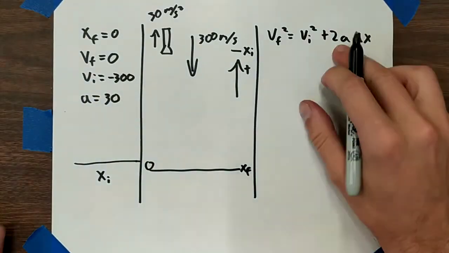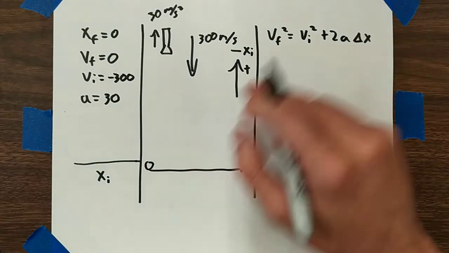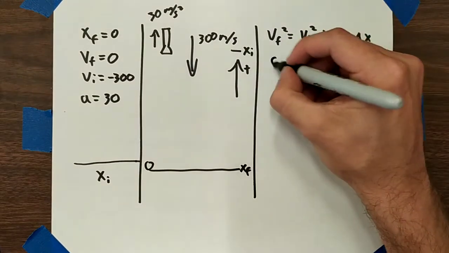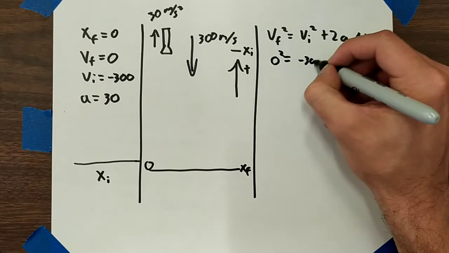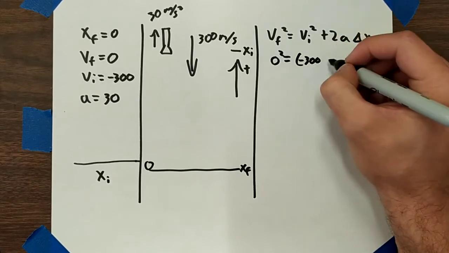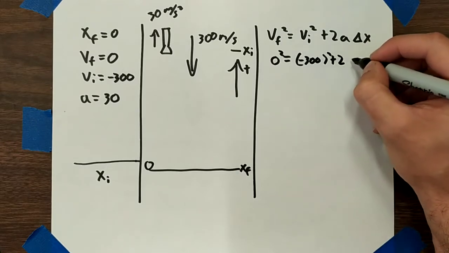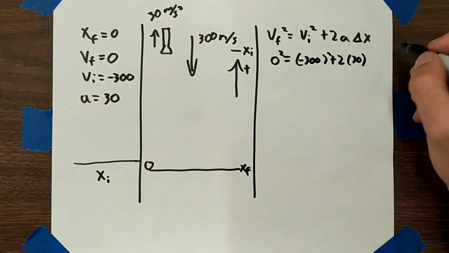At this point, I'm just going to rewrite this formula, substituting in the numbers I know for the variables. So v final, I'll put 0 squared is equal to v initial squared, so that'd be negative 300 squared plus 2, and then a is 30, and then delta x is what we're trying to find.